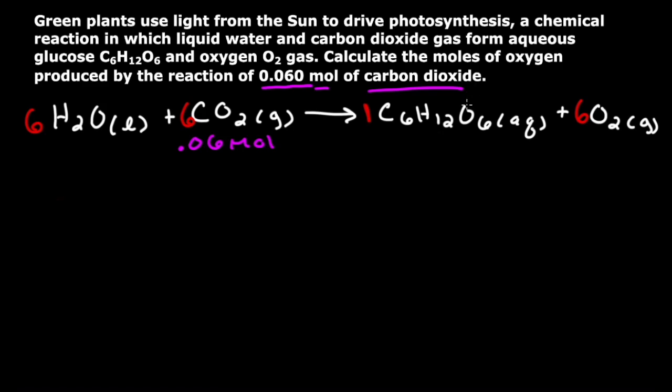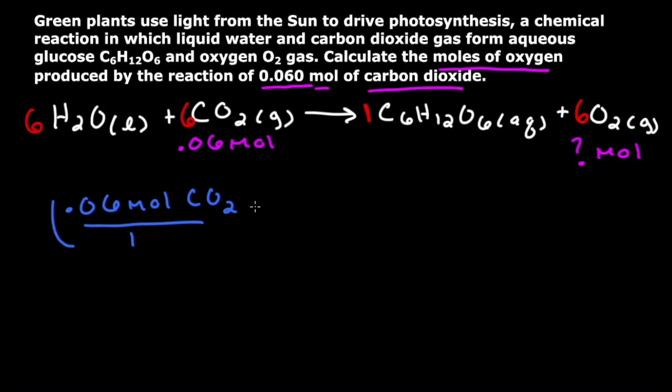In this question, I'm looking for how many moles of oxygen, so I'm going to find oxygen, put a question mark, and write moles right here. That way, when I finish the problem, I know I need to be in units of moles and not grams. Then I'll put down what I'm given: 0.06 moles of CO2, like this.